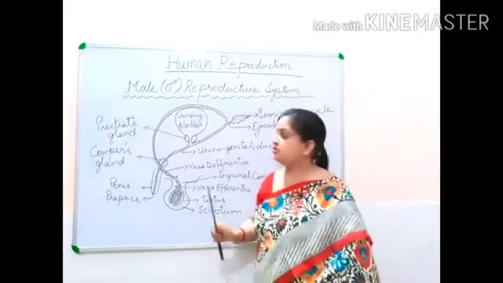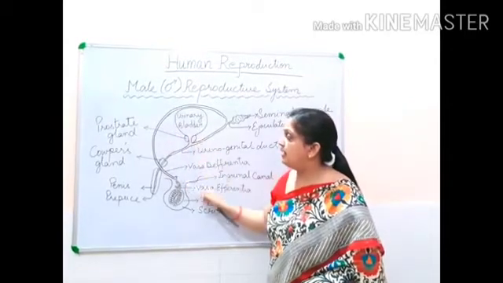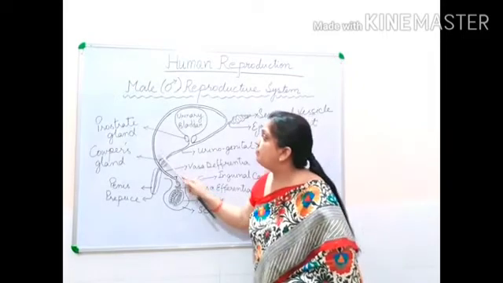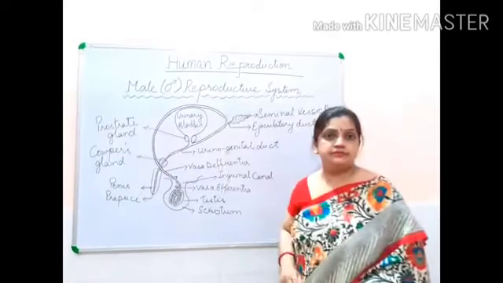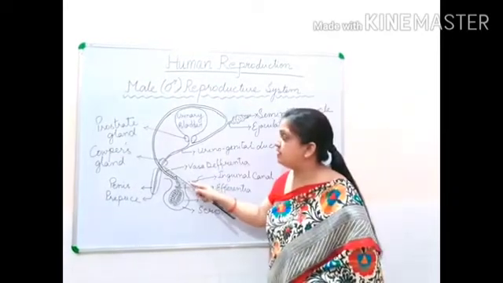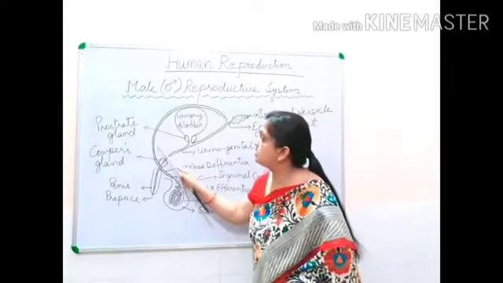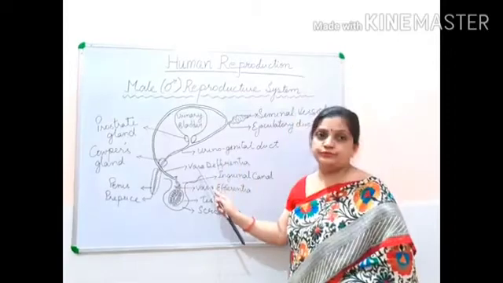Now you can see, children, that I have drawn this vasa deferentia, and it is running from the above part of the urinary bladder. This vasa deferentia is not moving from the downward portion, but it is crossing the urinary bladder from the top and then moving down.